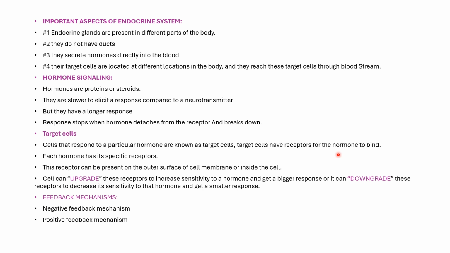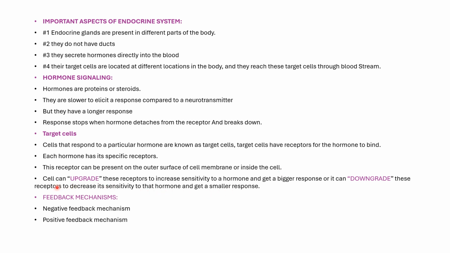So different types of hormones have different types of receptors which are specific to that hormone. It means that a receptor for a certain hormone is going to respond only to that hormone. And to these receptors, these hormones bind. These receptors can be present on the outer surface of the cell membrane or inside of the cell.